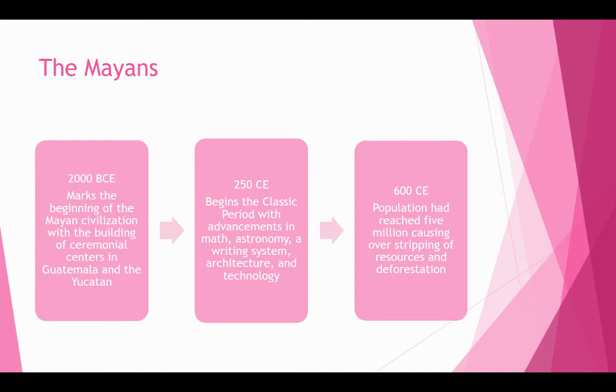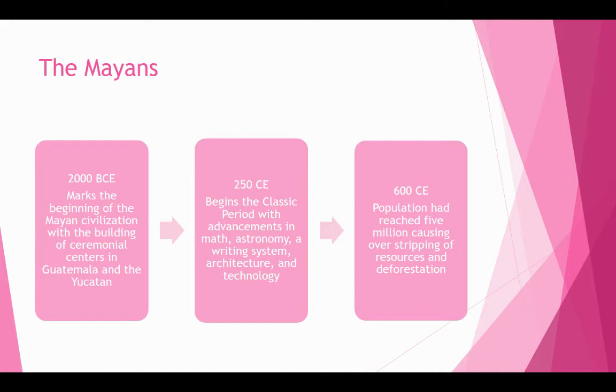2000 BCE marks the beginning of the Mayan civilization as they were building ceremonial centers in Guatemala and the Yucatan. The Yucatan Peninsula is in present-day Mexico. It takes them a while to become a fully formed society, and their classic period will begin around 250 CE.